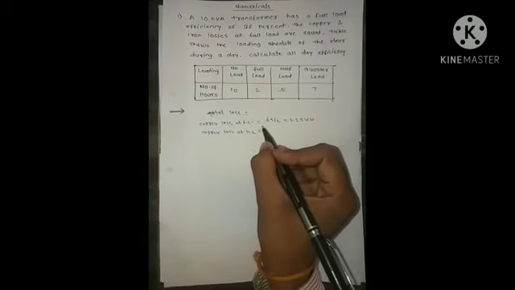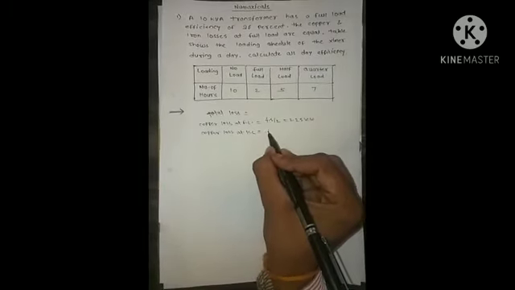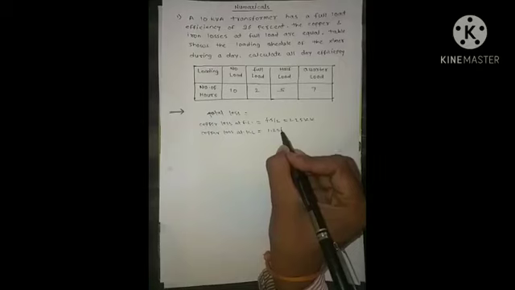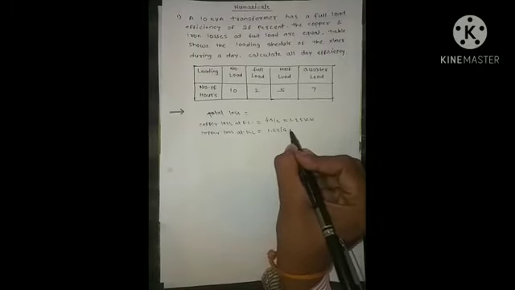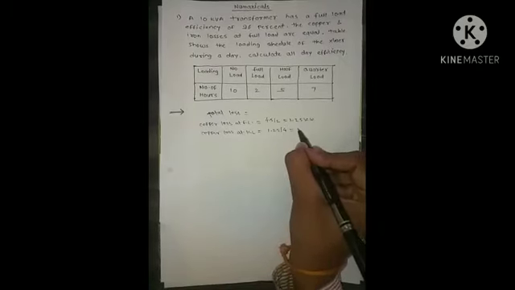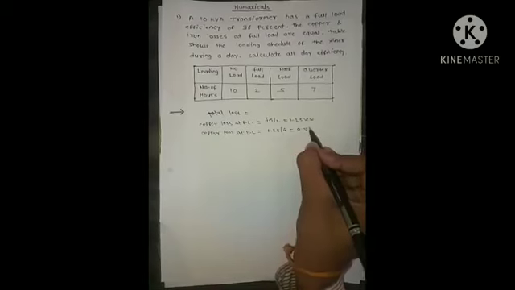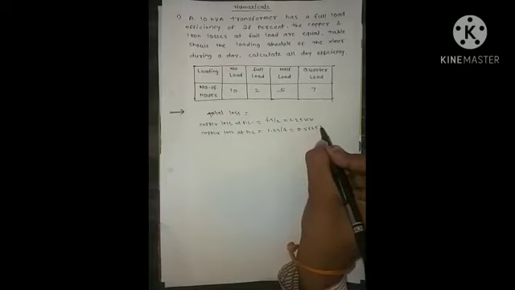After that, the copper loss at half load equals 2.25 upon 4, which equals 0.5625 kilowatt.